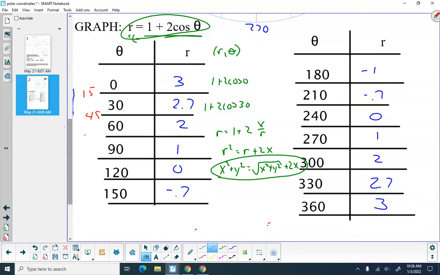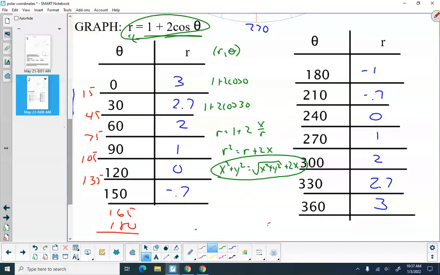is throw in some intermediate values, which is your 15s. But what you'll be able to do is stop at 180. You won't have to go throughout the entire 360. So yes, you have to do some intermediate values.